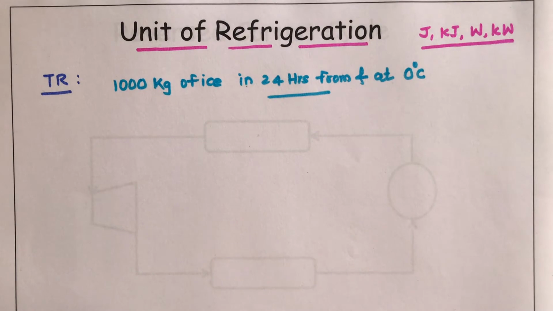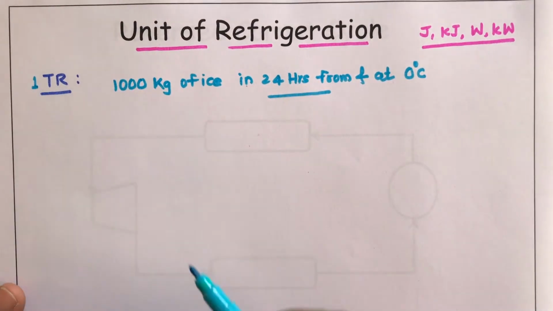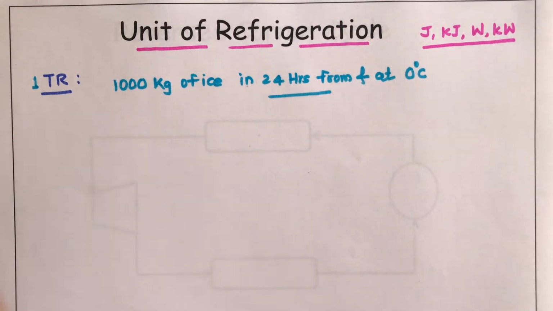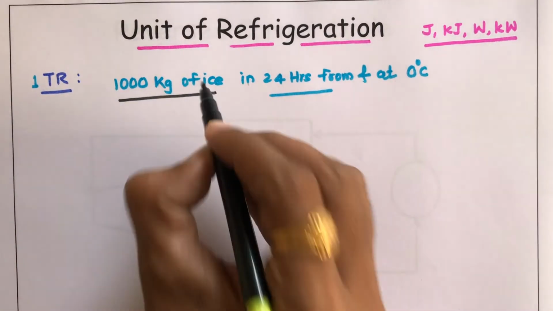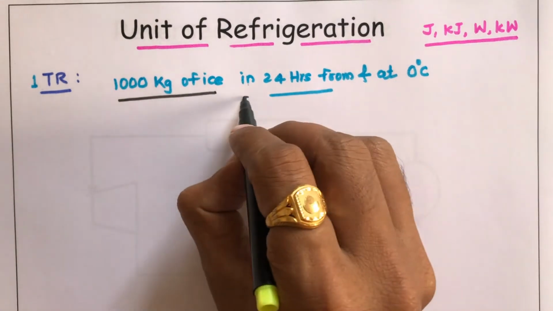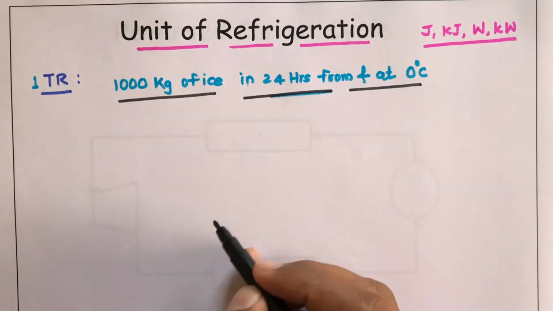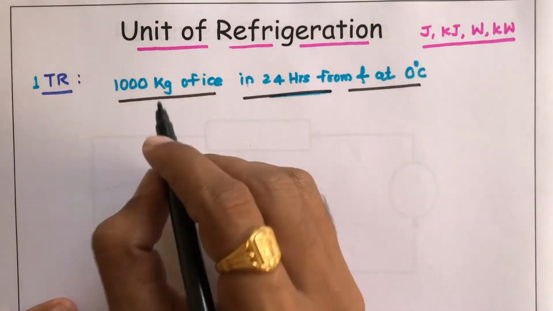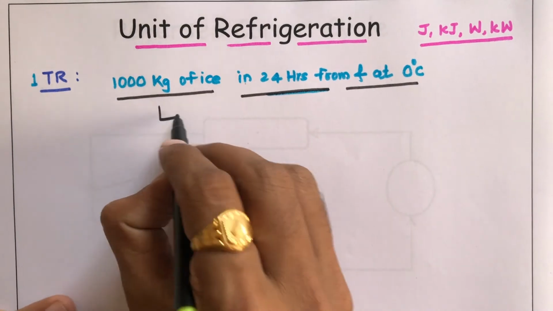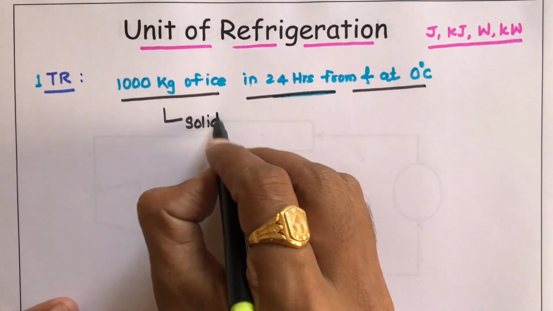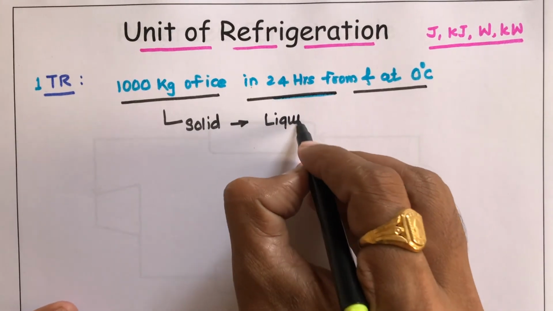One ton of refrigeration is defined as the refrigeration effect produced by uniform melting of 1 ton or 1000 kg of ice in 24 hours of time from and at 0 degrees Celsius. Here we are going to convert 1 ton of ice, which is in solid state, into liquid water.